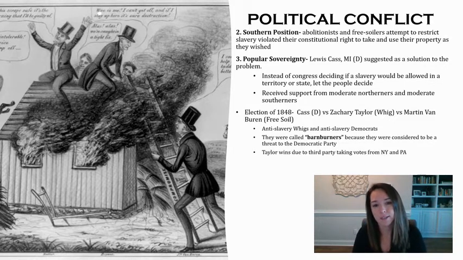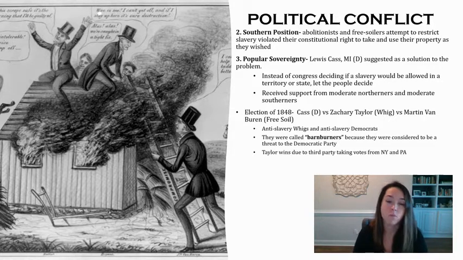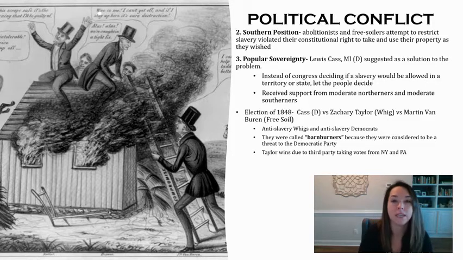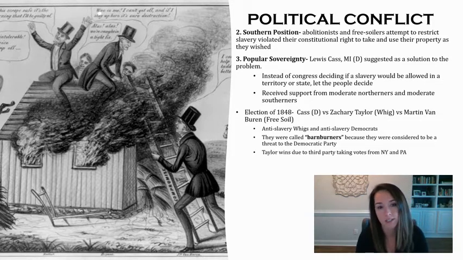So Lewis Cass, a Northern Democrat, suggested a solution to the problem, which is let the people in the territory in question decide if they want to be a slave state or a free state, instead of allowing Congress to decide, right? So it's just deciding on, at that point in time, are there more Northerners or more Southerners in Congress?